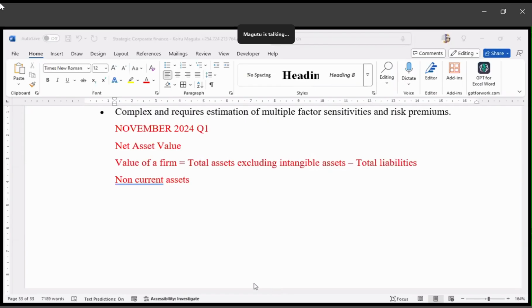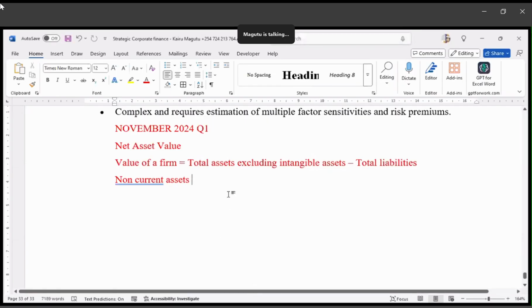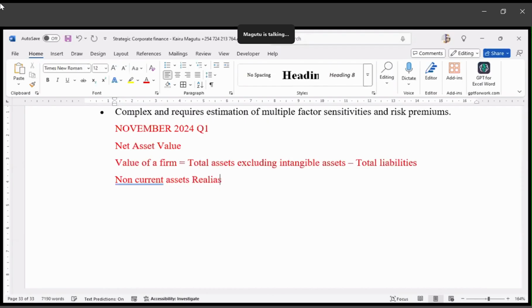So the non-current assets realizable value is, going by the additional note, that they will be realized at 20% above the carrying value. Above the carrying value means they will be sold at 120% multiplied by the current book value of 4,800.